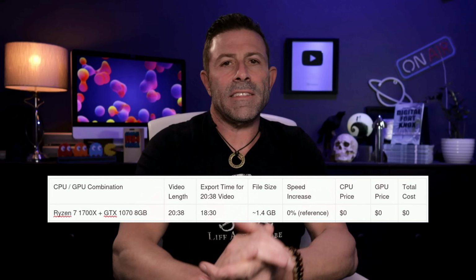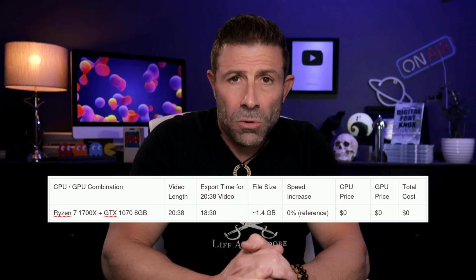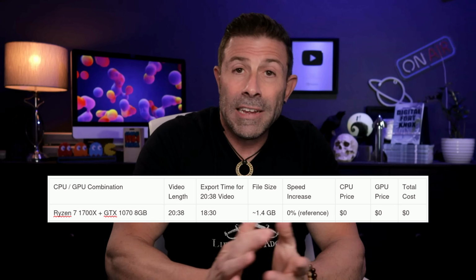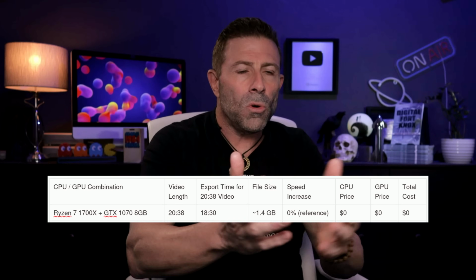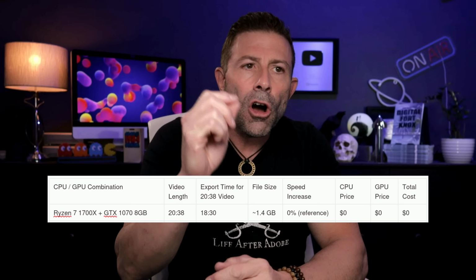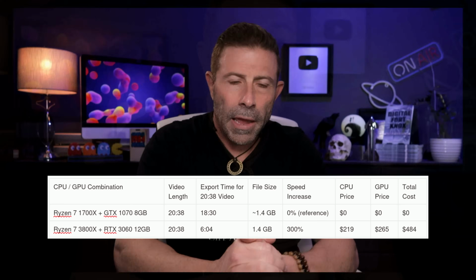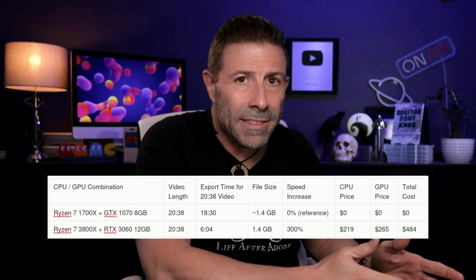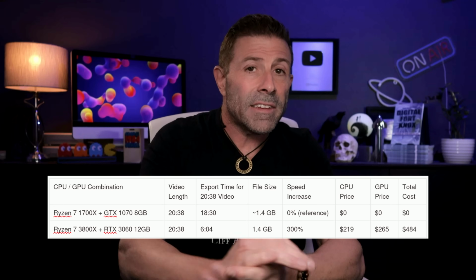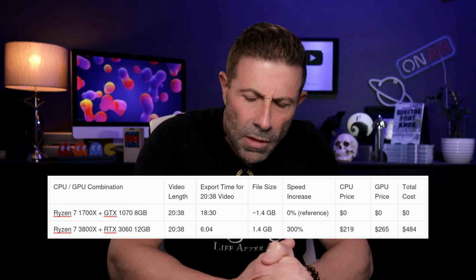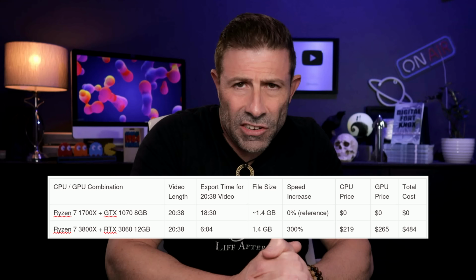So how much does it cost, right? And what are the positives and negatives of going each way? Once again, the reference is the 1700 CPU with a GTX 1070. Now, when we move to that 3800, the cost of the CPU for the 3800 is $219. And the GPU, when we move from the 1070 to the 3060 RTX, that was a cost of $265.